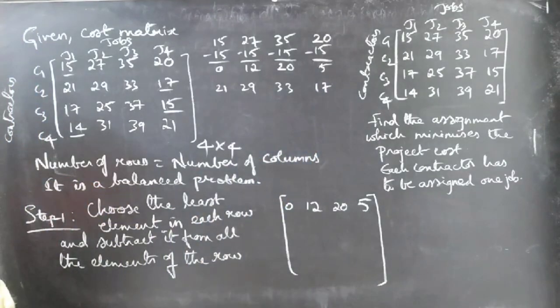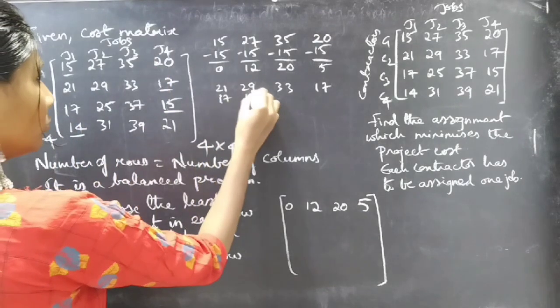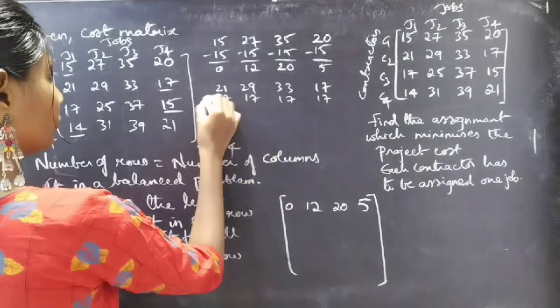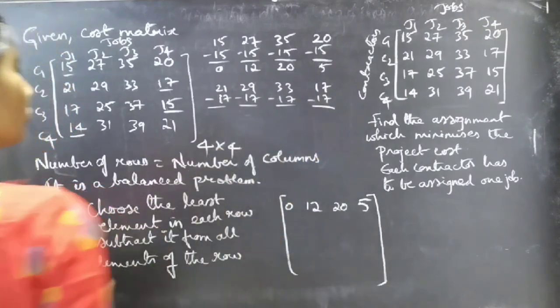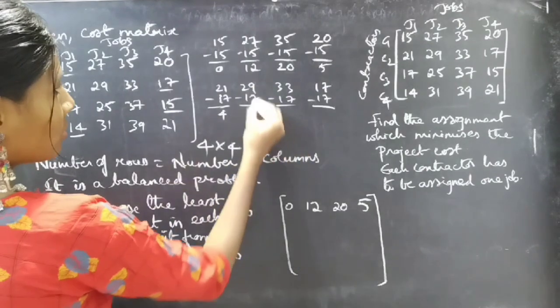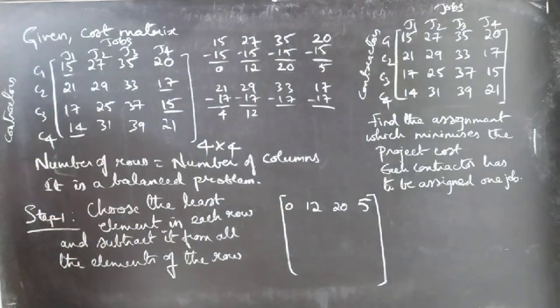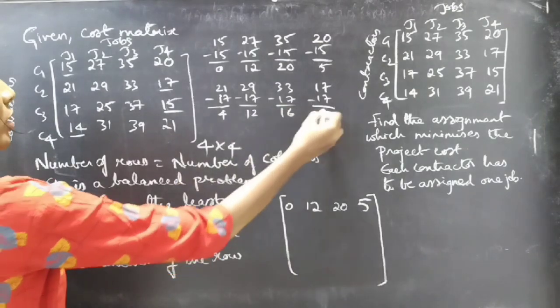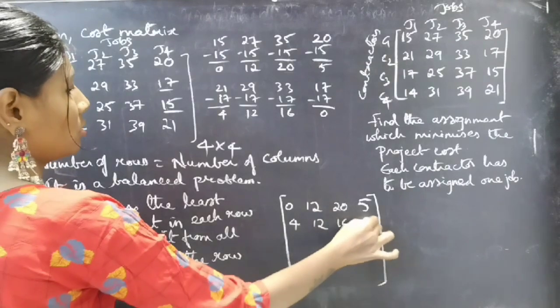So here the least element is 17, so we have to subtract 17 from all these 4 elements or entries. 21 minus 17 is 4, 29 minus 17 is 12, 33 minus 17 is 16, 17 minus 17 is 0, so you'll get 4, 12, 16, 0 in the second row.